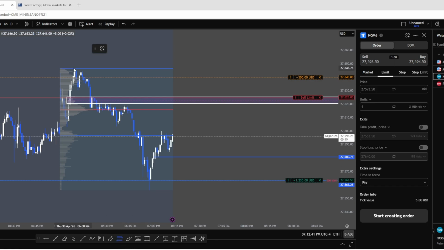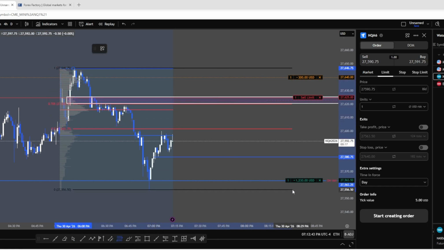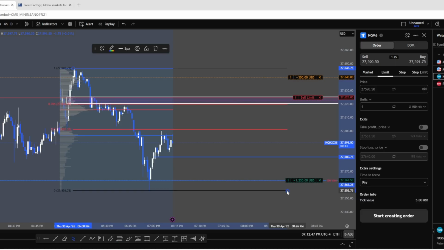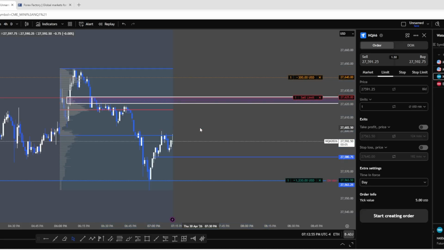And maybe we can get it to, yeah, I mean, it is also OTE of the range as well. Optimal trade entry, OTE. So I'd classify this trade here, this one.